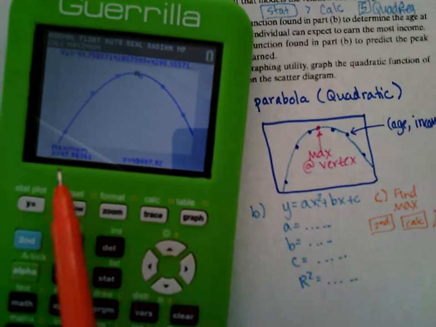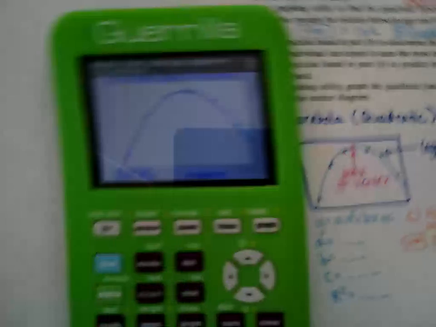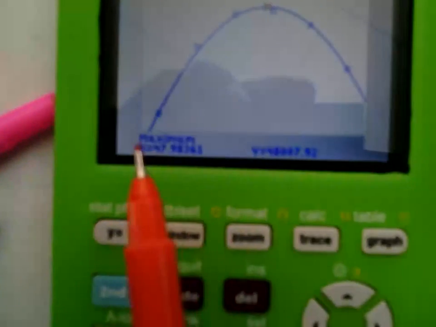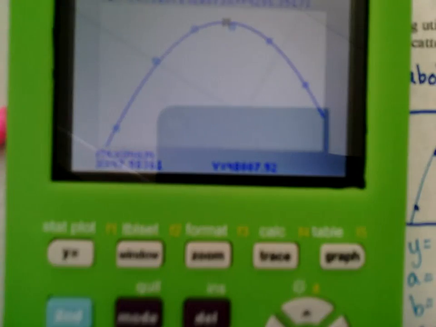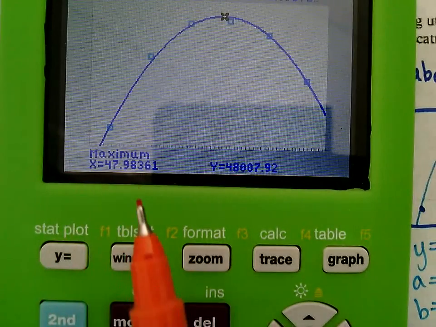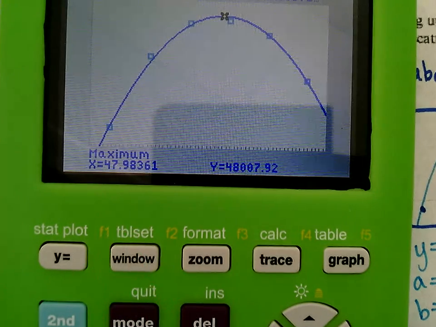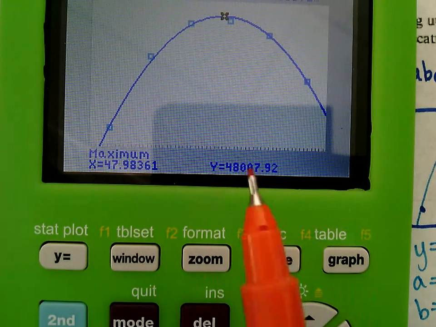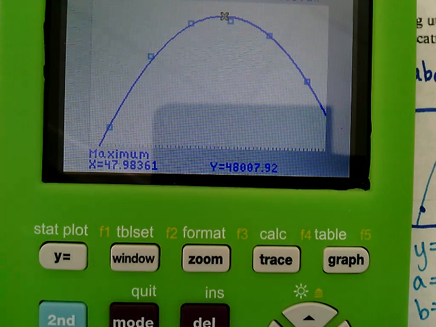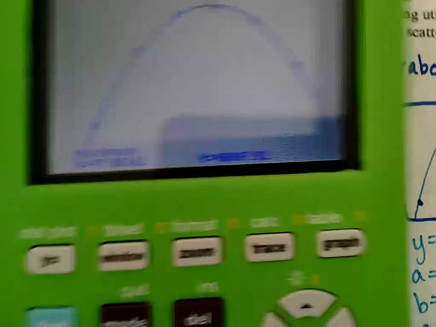So this is telling me 2 pieces of information. It gives me an x value and a y value. So remember that each ordered pair, the x coordinate is the age and the y coordinate is the income.